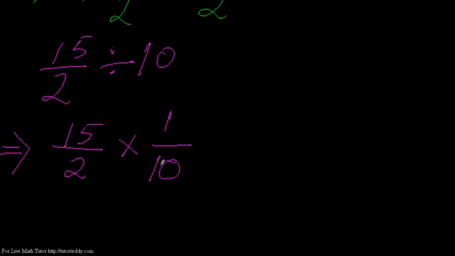So what I mean is, we can change the division sign into a multiplication sign only if we take the reciprocal of the term on the other side, that is the divisor, right? And these expressions are both the same, because here it is division by 10, but here it is multiplication sign into the reciprocal.